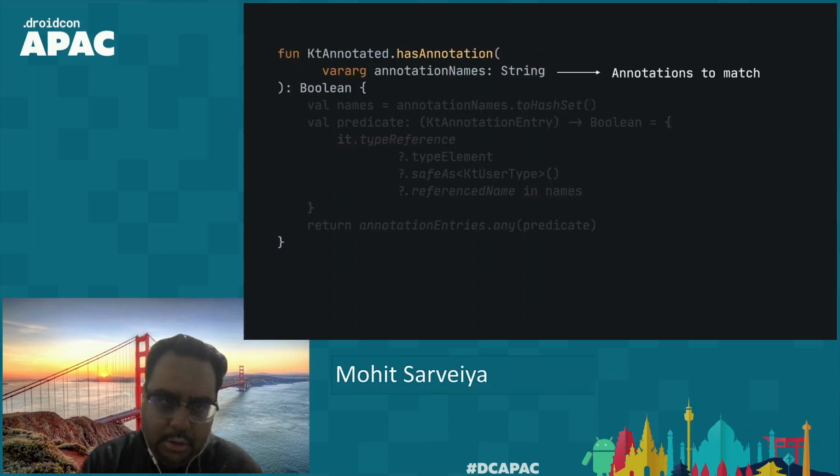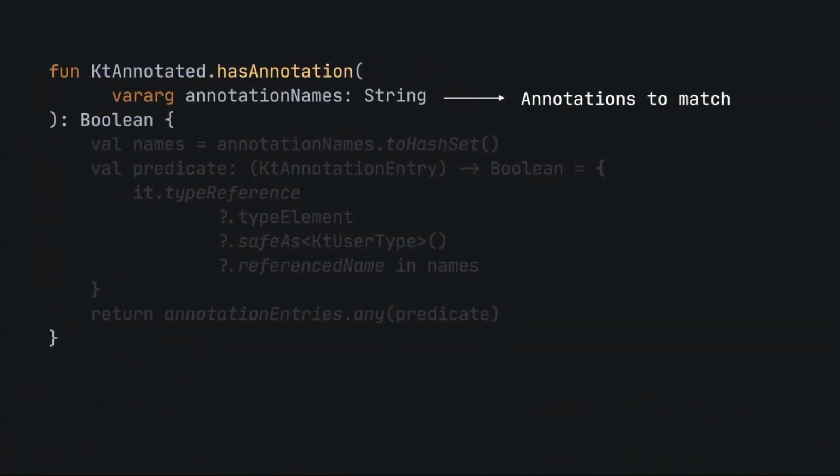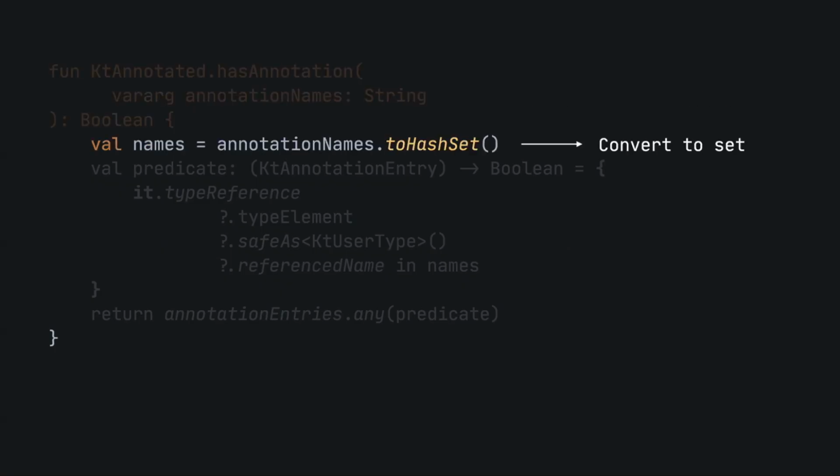In order to determine whether a function has a particular annotation, I made an extension on a KtAnnotated object. Each annotation you supply to a function gets represented by this KtAnnotated. What I'm giving this extension is the names of the annotations that I want to match, in this case, debug log. I take the strings and convert them into a set.